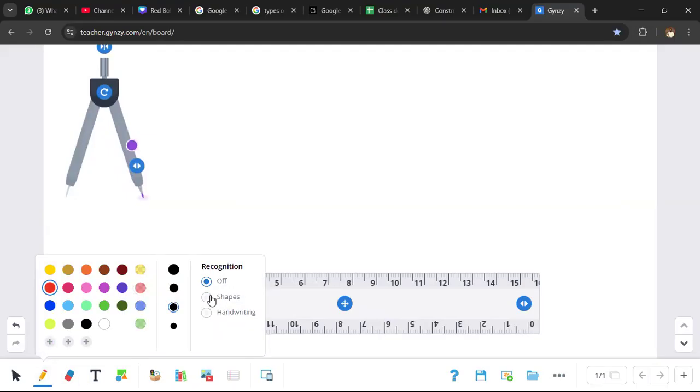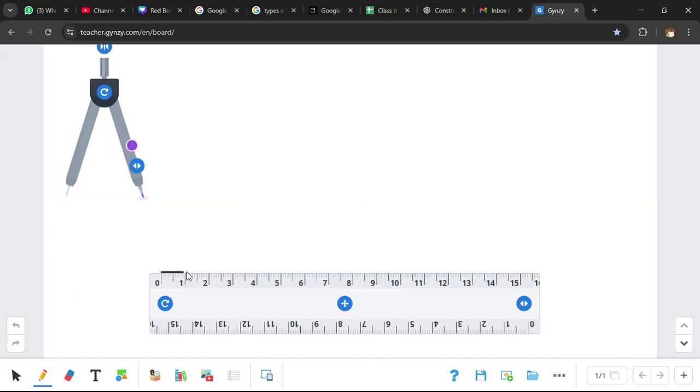So I am going to draw a straight line like this. This is my straight line.